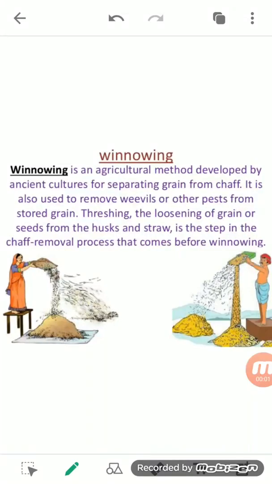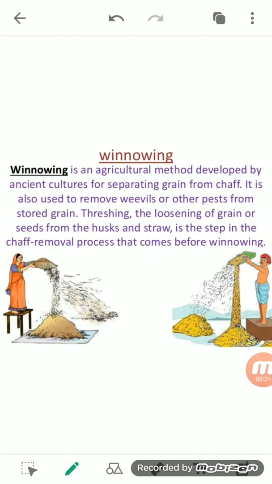Now we will come to the next method of separation, and that is known as winnowing. I already explained to you about the chaff. On threshing the crop plant, the farmer gets a mixture of what?